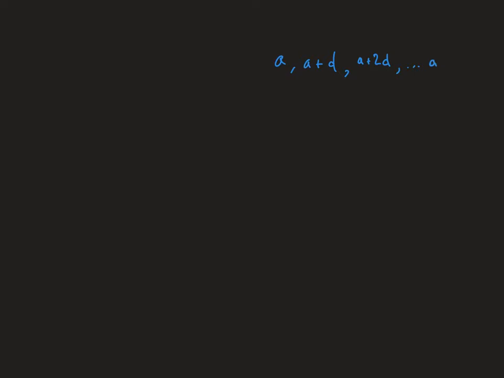Until if you have n terms, it's going to be a plus n minus 1 times d. So here you have 0 d's, here you have 1d, 2d's, until you get to n minus 1, so that would be n terms.